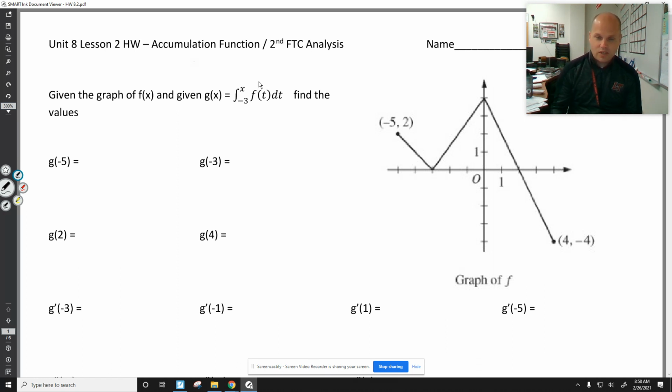Only instead of giving you the initial condition, it says if you start at -3, you know g of -3, which is the integral from -3 to -3 of f, that's going to be 0. Like an area from a point to the same point is 0. So that's like my initial condition.